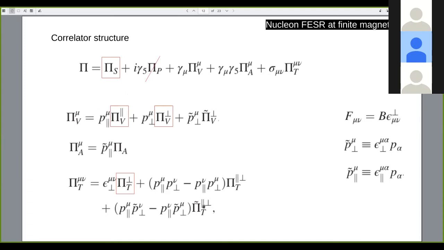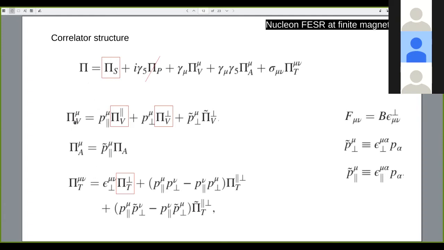So now, if you include a magnetic field, first of all, the structure of the correlator will change. So we have, in terms of the Clifford decomposition of gamma matrices, one scalar, one pseudo-scalar, it's supposed, but it doesn't appear, vector, axial, and tensorial structures. So the scalar is one of the structures we're going to consider.